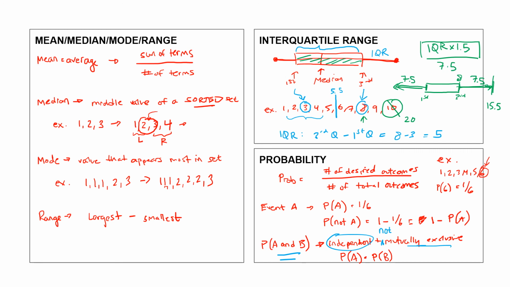For instance, you cannot both be in 9th grade and in 12th grade. That's mutually exclusive. What grade you're in is mutually exclusive. So the 2 rules we need in order to multiply with this formula are that those 2 events, A and B, are independent and not mutually exclusive.